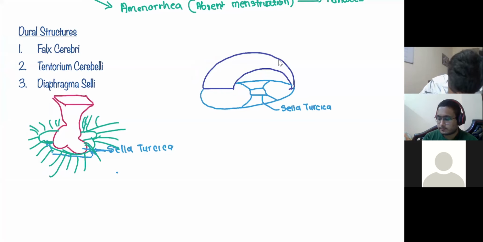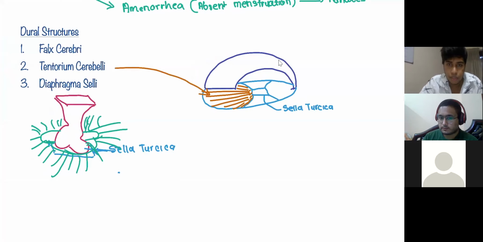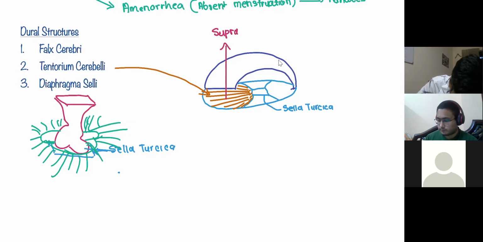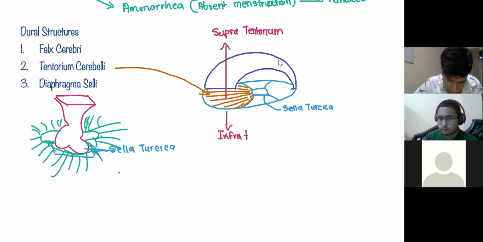At the level of the sella turcica, you get the dura mater going like this, and this is what forms the tentorium cerebelli. The falx cerebri is perpendicular to the tentorium cerebelli. You saw it in the previous diagram, and the tentorium cerebelli is what divides the supratentorial from the infratentorial, words you will see, for example, in supratentorial tumor.